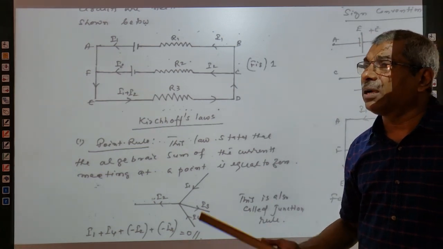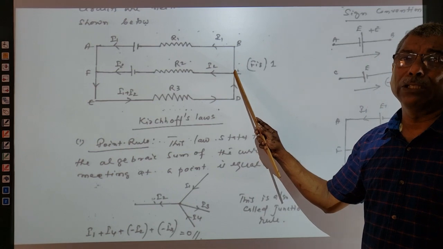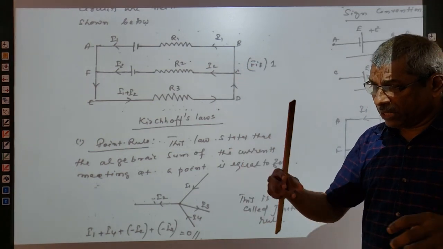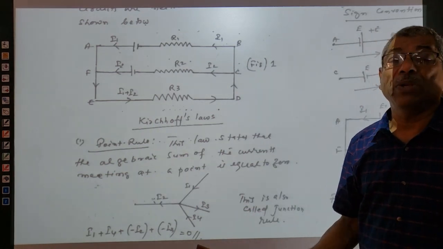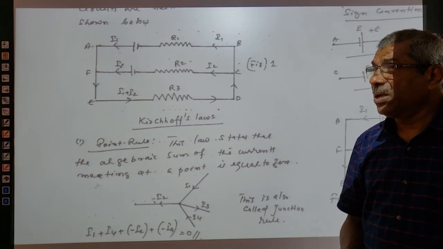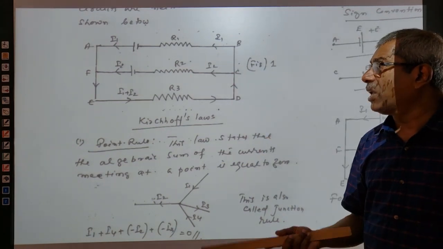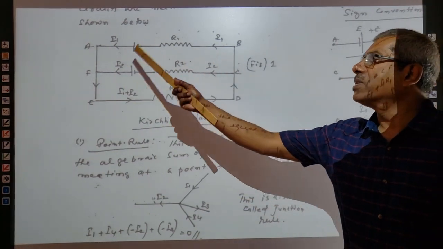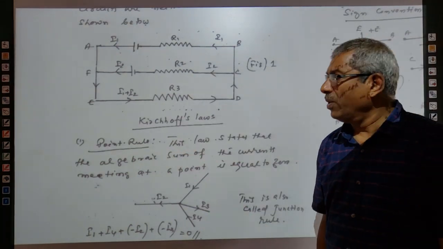You have to divide the current in such a way that when the currents meet at a particular point, the algebraic sum of the current, that means the sum of the currents meeting minus the sum of the currents going, must be equal to 0. So after arranging the current in such a way, only then can we solve such complex circuits. This is the point rule we have discussed.